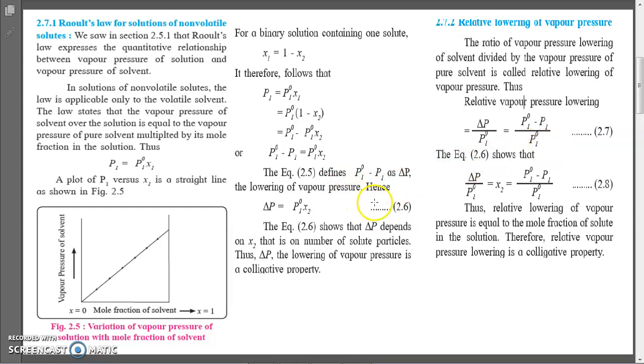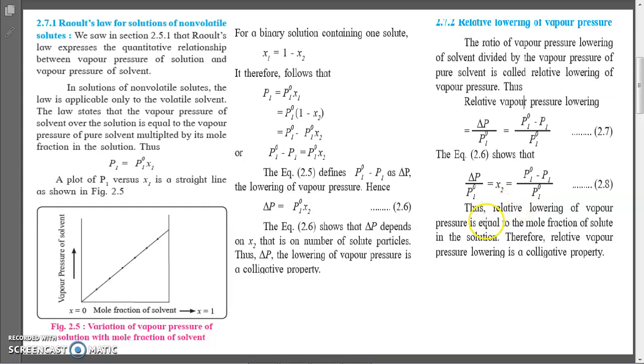What is equation 2.6? Delta P is equal to P01 X2. We can write this equation in this way: dividing by P01, delta P divided by P01 is equal to X2, which is equal to P01 minus P1 divided by P01.